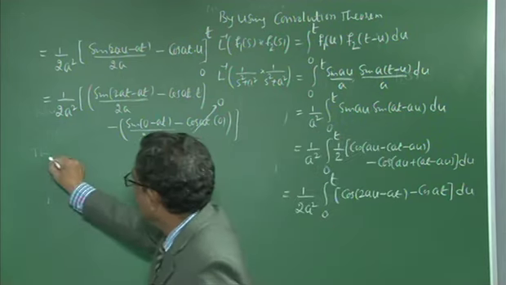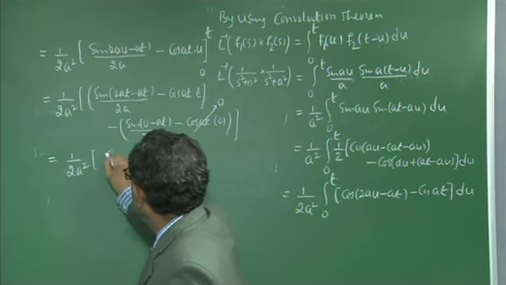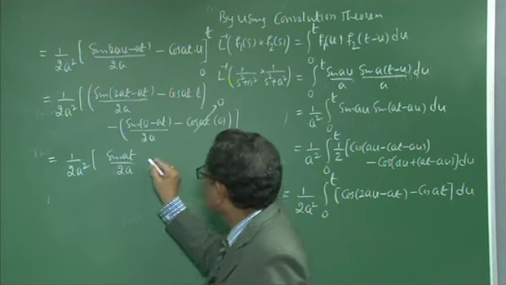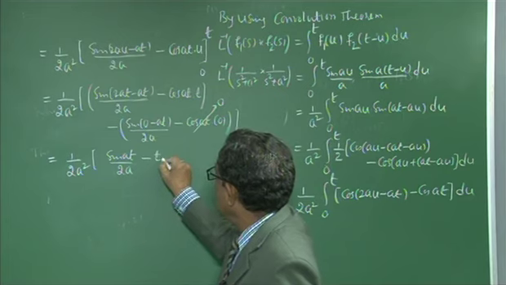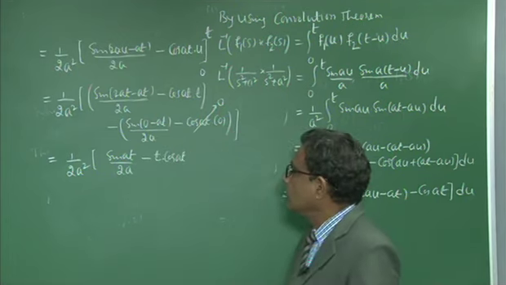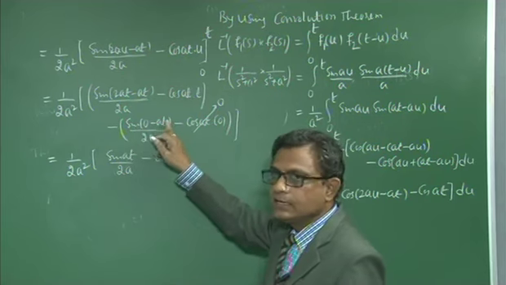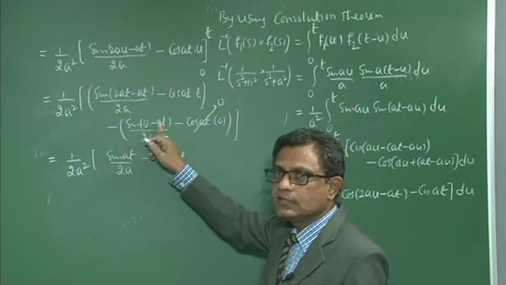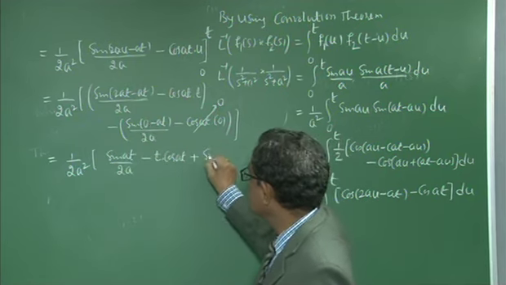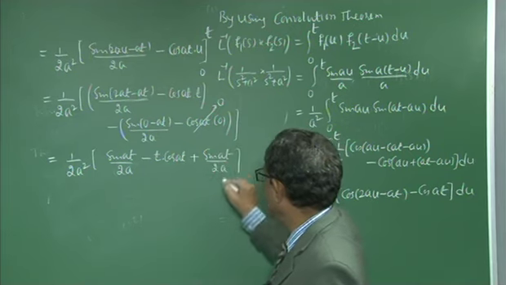Now simplify, what will you get? 1 by 2a square, it is sin at by 2a minus t into cos at. Now here it is sin of minus at; sin of minus theta is minus sin theta, so minus into minus becomes plus sin at by 2a.